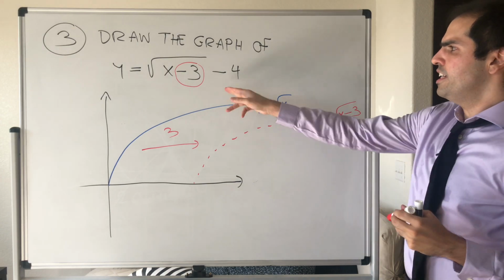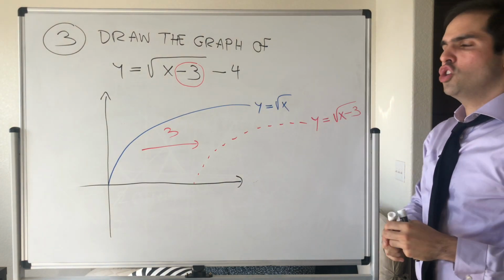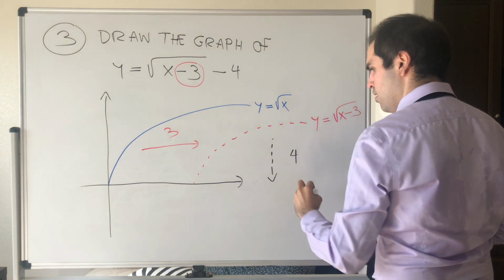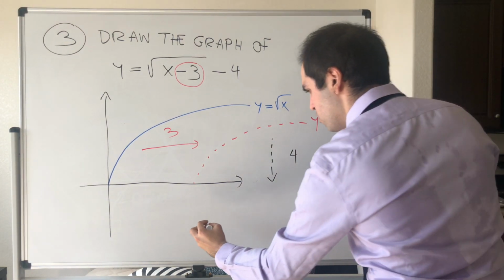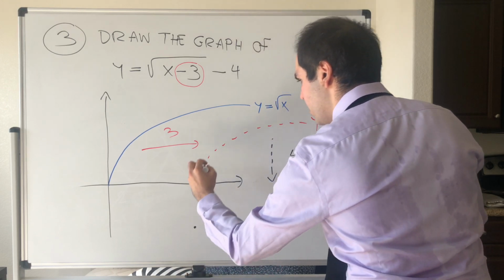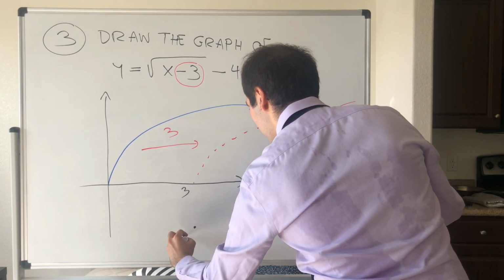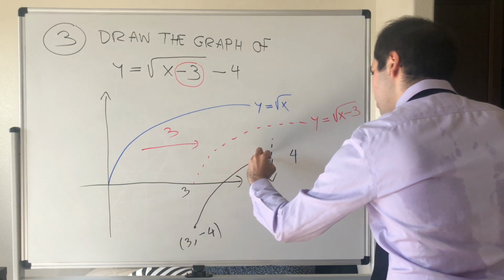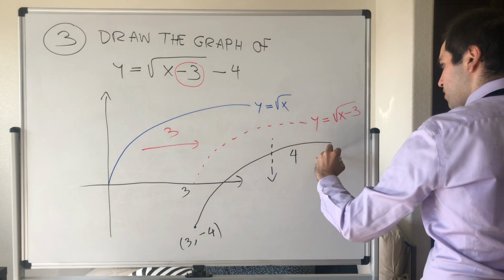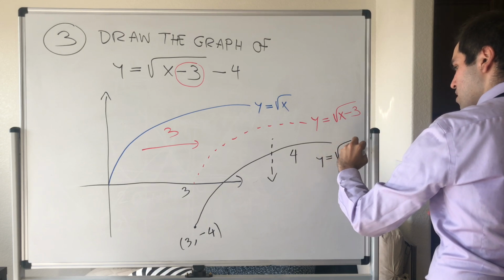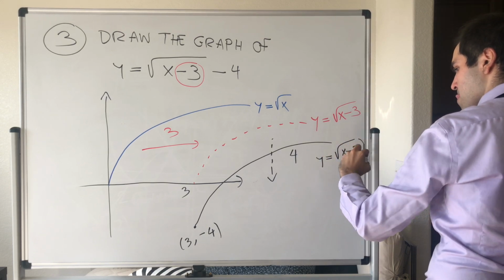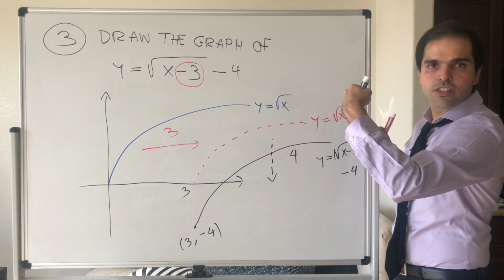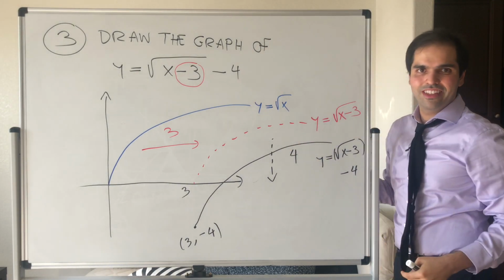And then here you have a minus 4, you shift it down by 4 units. So it starts at the point (3, minus 4), and then just looks like your usual square root. Again, minus 3 you shift it right, minus 4 you shift it down.